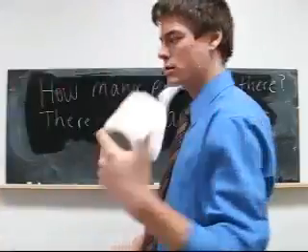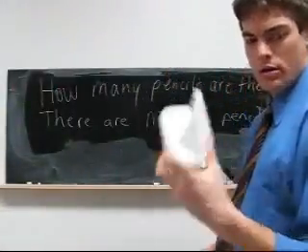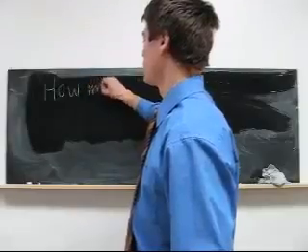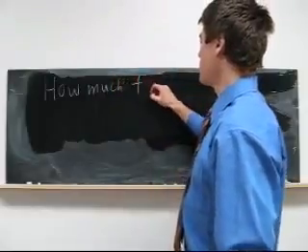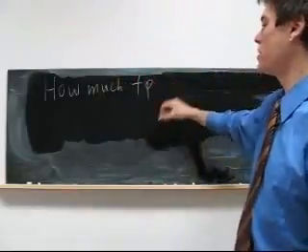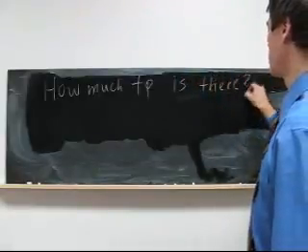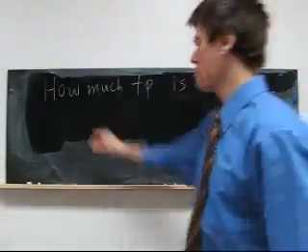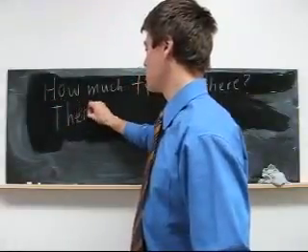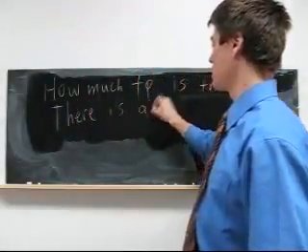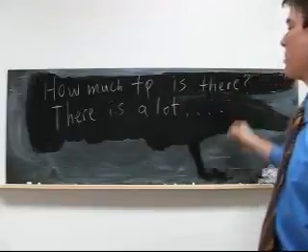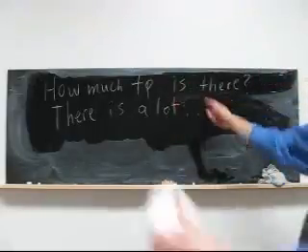let's do this one, for example, the toilet paper one. How much toilet paper? I'll go TP for toilet paper. How much toilet paper is there? There is a lot. Okay, how much toilet paper is there?